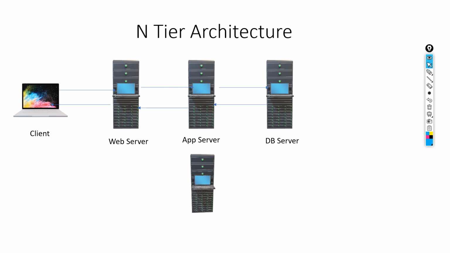Sometimes, instead of adding an additional server, they can upgrade the existing server. For example, if the application server has 2 GB of memory, they can upgrade from 2 GB to 4 GB.